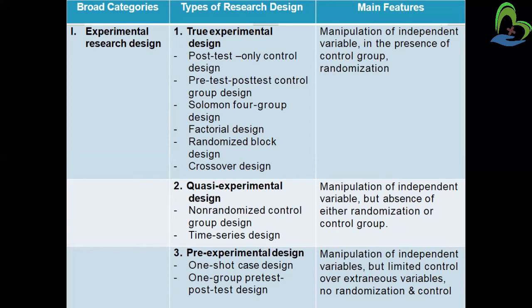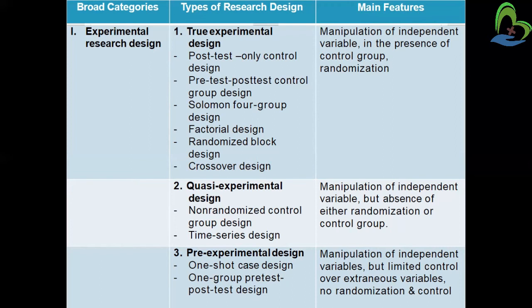In the other design, the one-group pre-test, post-test design, both tests have to be done. In the experimental group, we provide the pre-test, the treatment is given, and then the post-test is done after the treatment.